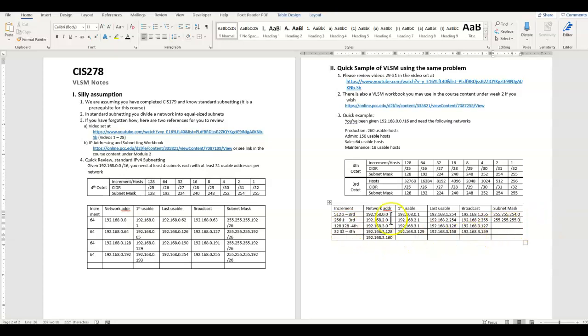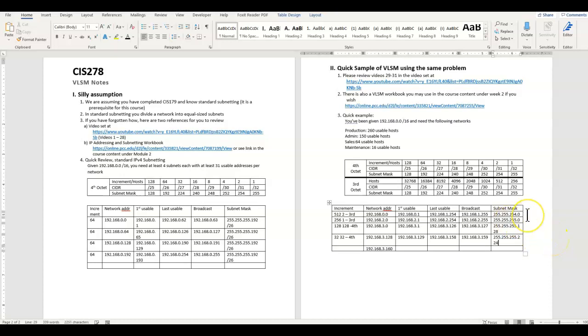For the 128, that's down here, and we have a 128 in the fourth octet. And then finally down here we have, for the 32, we have a 224 in the fourth octet. That was 224.